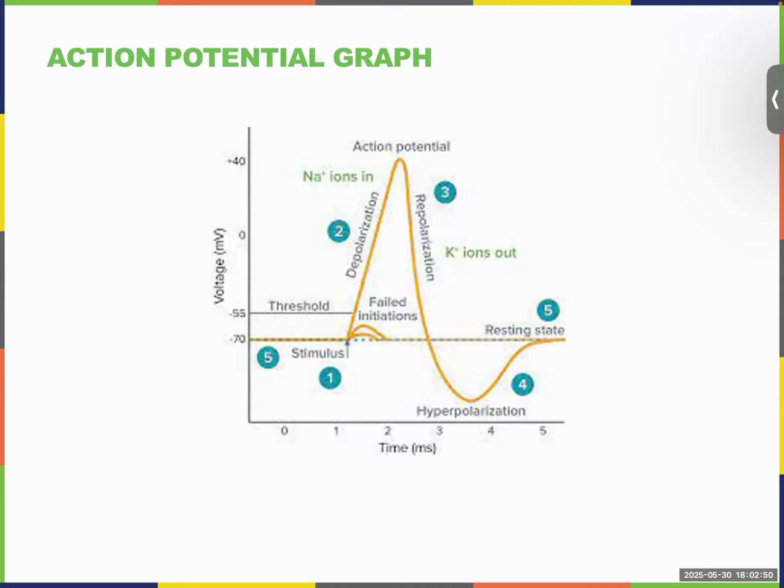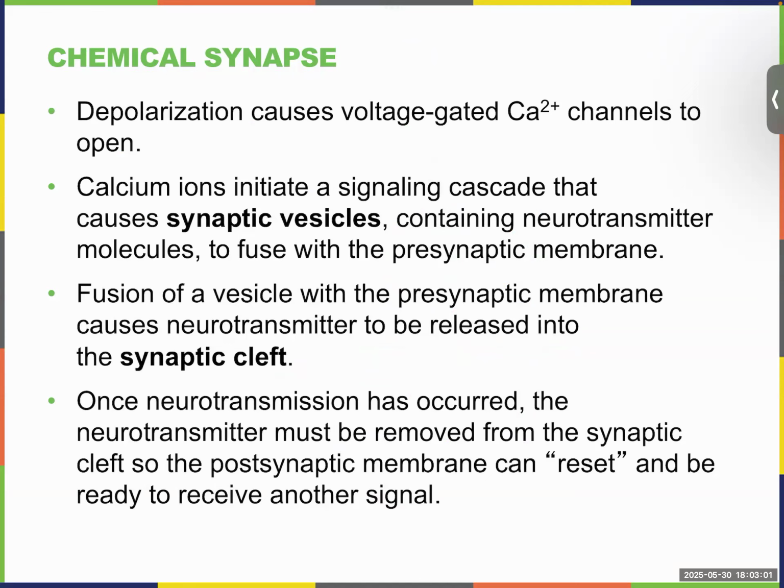Now, so that was a voltage-gated synapse. A chemical synapse can lead to depolarization, and this causes voltage-gated calcium channels to open. So by the time we get to the synapse or near the synapse, that's going to open up these voltage-gated calcium channels.